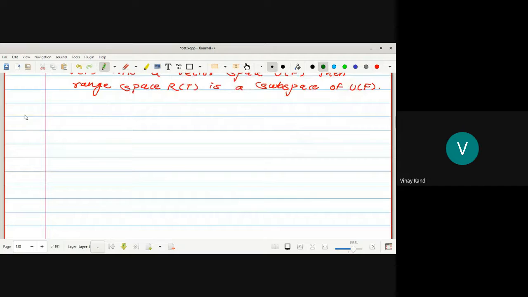Write down first all the given things. We have T is a linear mapping from V over F to U over F. By the definition of range space, denoted by R of T, which is equal to the set of T of x such that x belongs to V. We saw this in the last lecture.